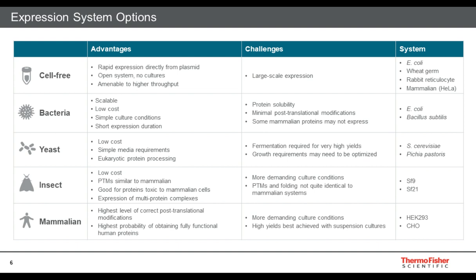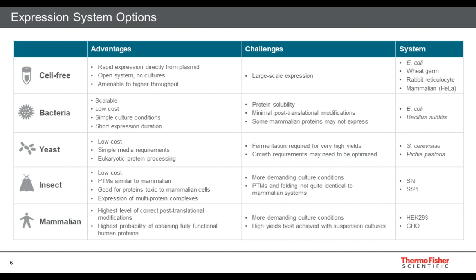It consists of a specialized lysate made from E. coli, wheat germ, rabbit reticulocyte, or mammalian cultured cell sources, and is often used in a high throughput format and is good for expressing small amounts of proteins. Its challenge is that large-scale expression is usually much more difficult.